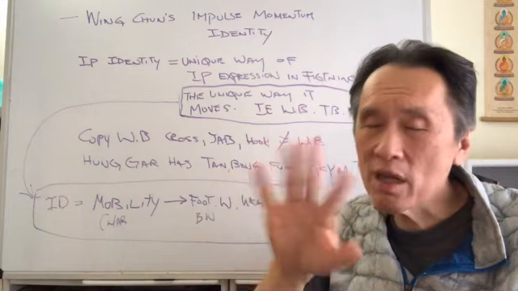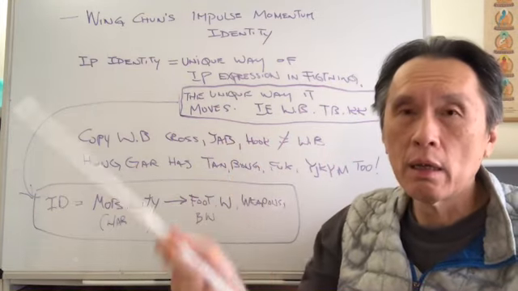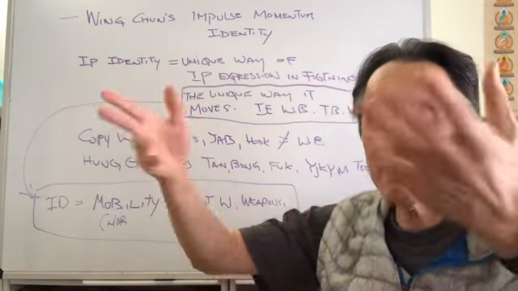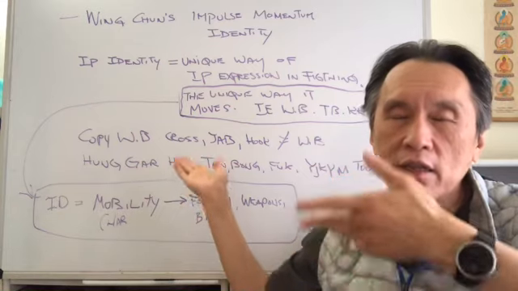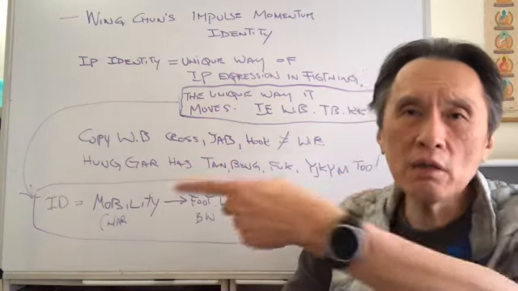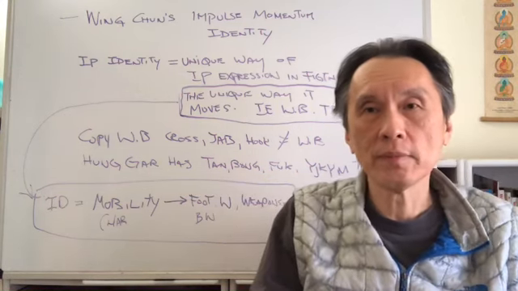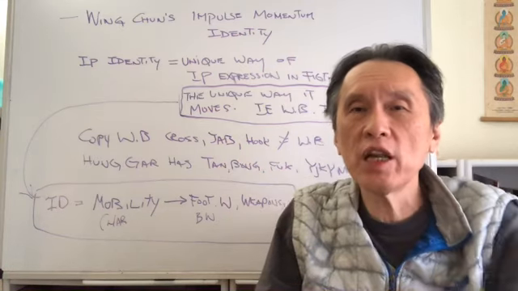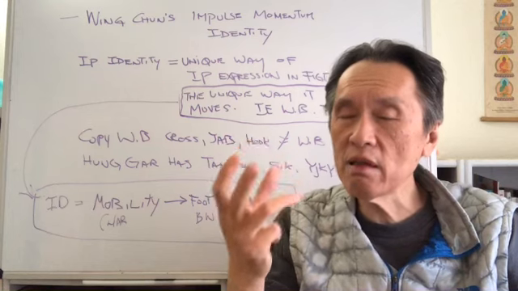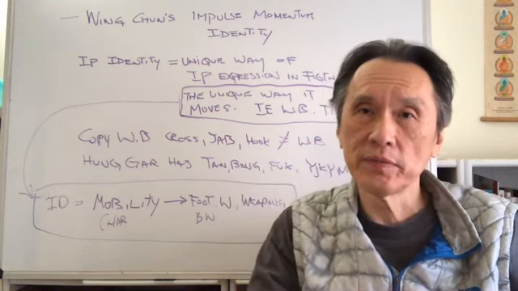So all those things are not impulse momentum identity. Hung Ga, you look at the Hung Ga iron wire and the sets. Did they practice the Yi Kam Yong Ma and the Tan Bong Fo? However, how did they fight? Did they fight the same as Wing Chun? Or did they fight the same as Choy Li Fut? You look at Hung Ga's identity and the Choy Li Fut identity, you can see the difference. Okay?